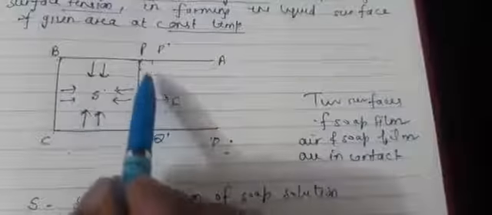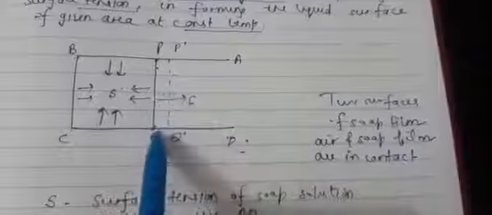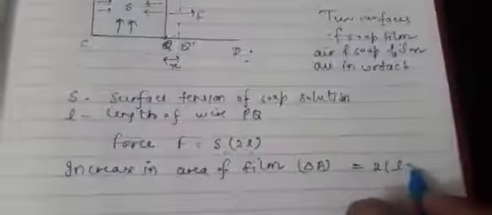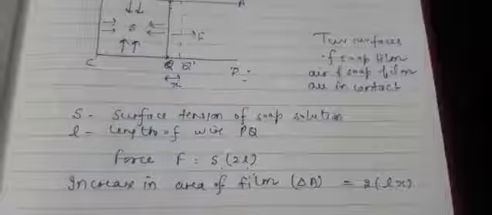Length is L, breadth is x. Now when we extend it with the force F, the increase in the complete area will be 2 into L into x. So it is 2Lx. This is the increase in area of soap film when the force is applied outward.